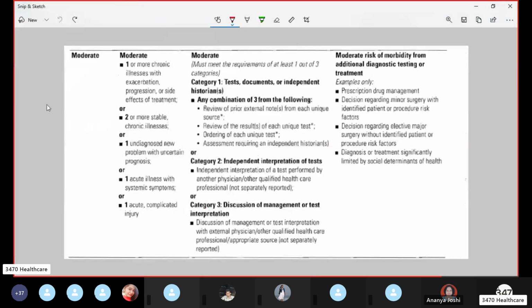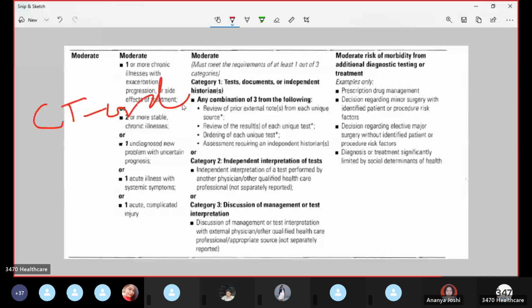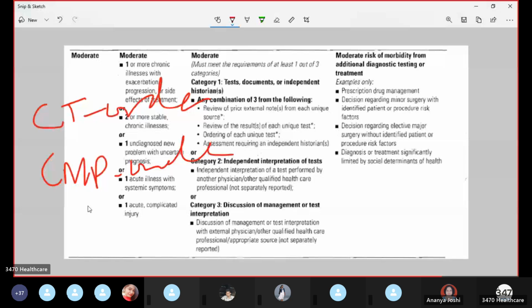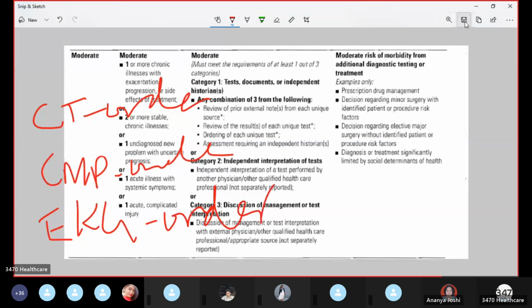So if I'm telling CT order, CMP order, then EKG order, all are orders. CT order, CMP order, EKG order.